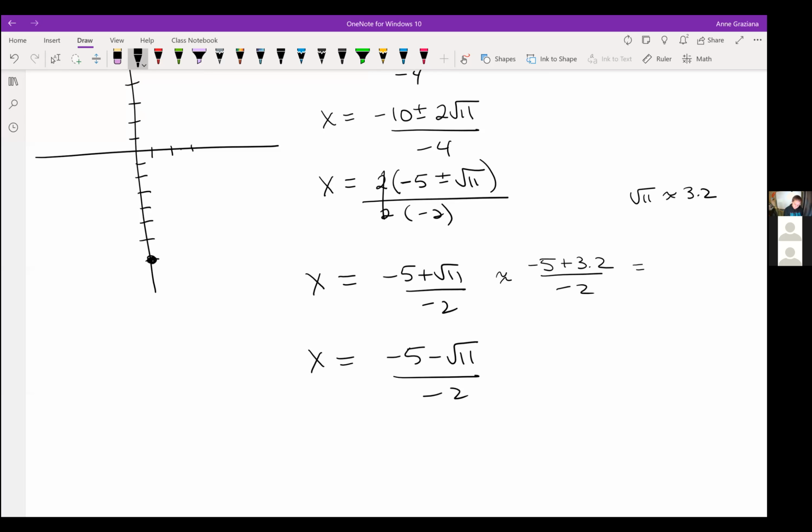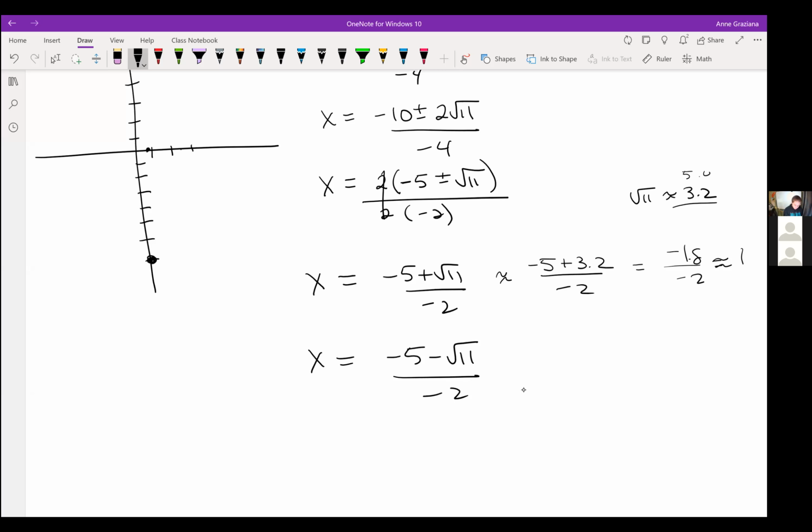So that's going to be something negative over negative. I think it's negative 1.8 over negative 2. So it's just under 1. It's about 1. So it is going to cross about here.